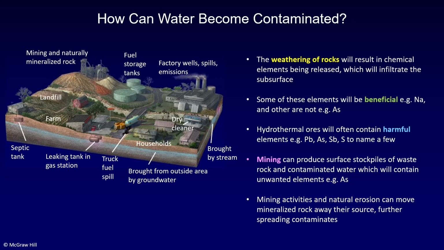In terms of mining, you will typically end up with a pile of dry waste material, and you will often also have a pond in which you put contaminated water, which has been used as part of the mineral processing system. In both cases, the pile of waste material and the waste water will be contaminated, and will probably contain elevated concentrations of harmful minerals, which will release harmful elements as they break down.